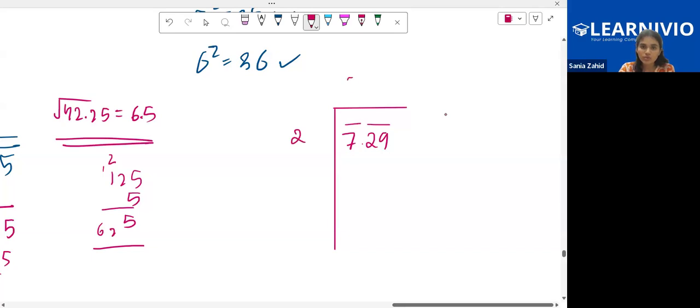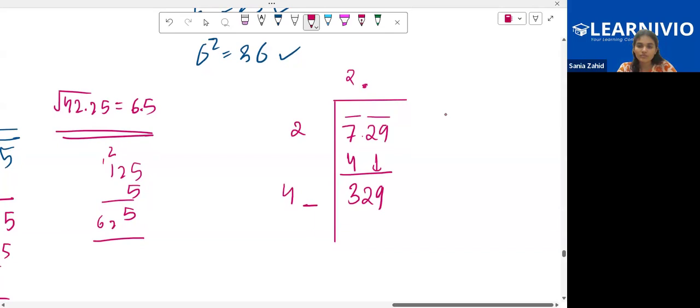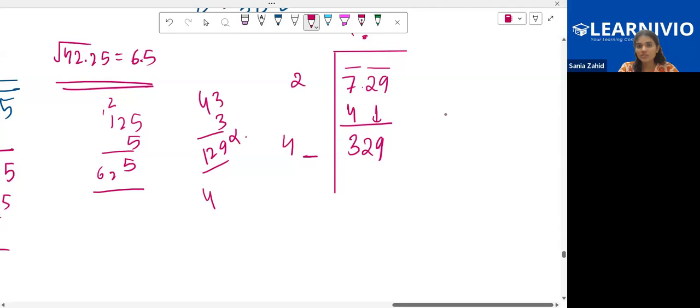So you take 2 into 2 is 4. Then you subtract, you get 29. You put a decimal. 4, one number over here. What number should I write now? Ma'am, 3. Let's check. So 43 into 3 gives you what? Ma'am, 129. That's not correct. Let's check 7. Ma'am, 7.